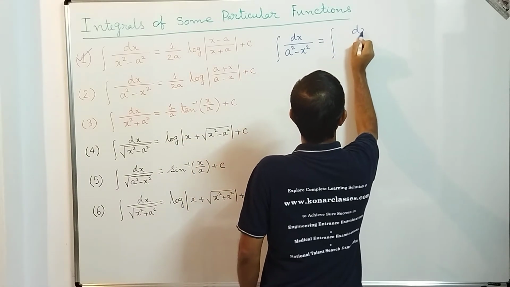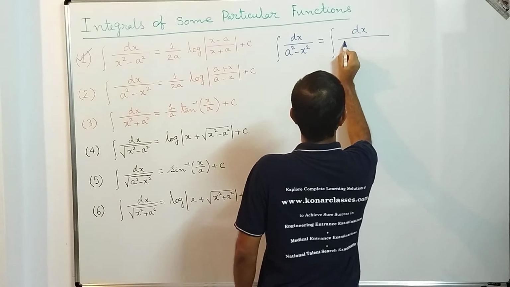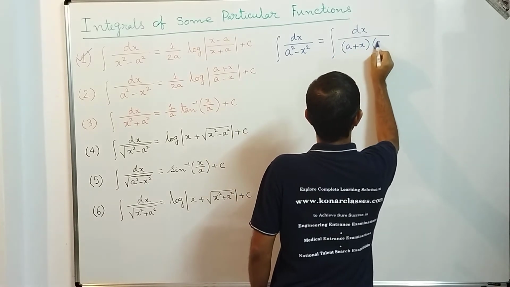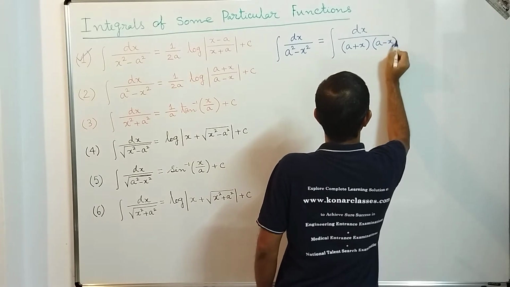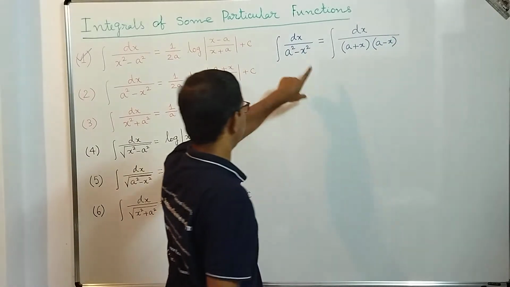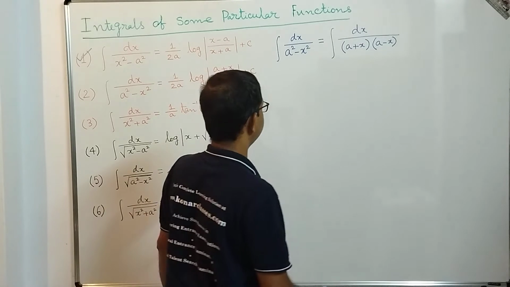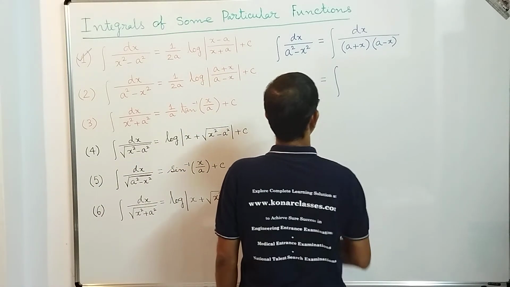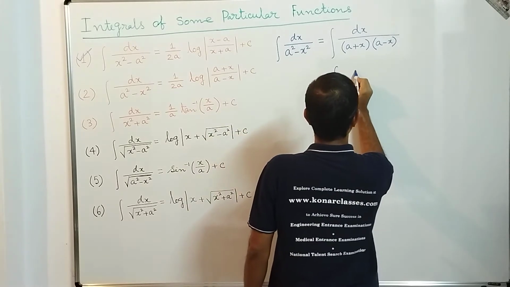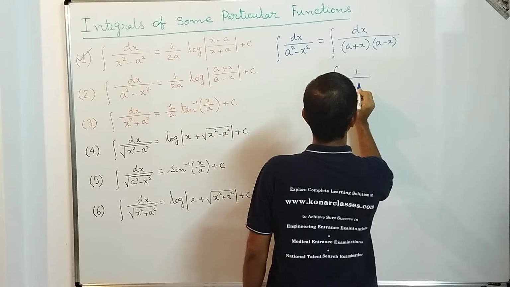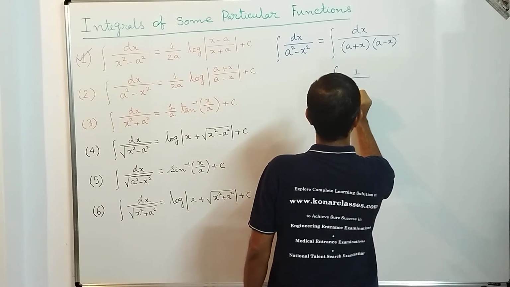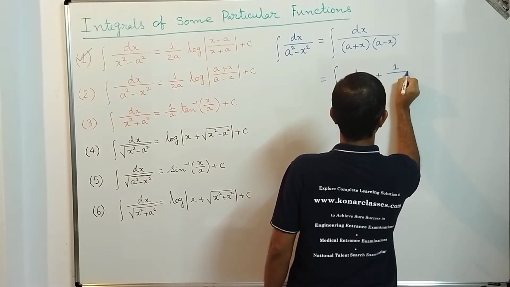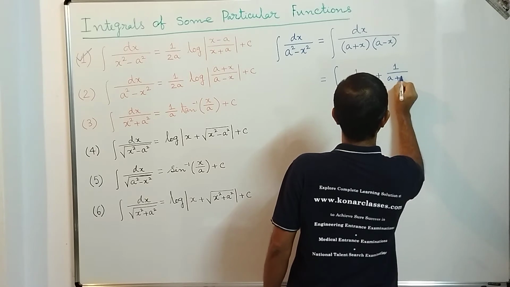This is equal to dx by a plus x into a minus x, correct? A square minus b square is a plus b into a minus b. And this thing we can write as 1 by a minus x plus 1 by a plus x.